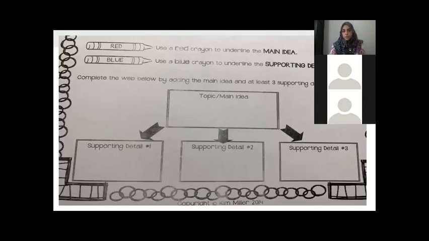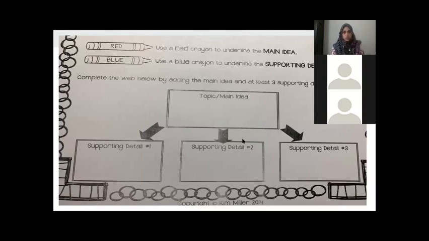So this is the web I was talking about that we will fill out. I also have it drawn out here. Once you've highlighted your key details and your main idea, you can simply write them down in this web, in this chart, and it creates a really nice outline for you to follow when we have to summarize the text, when we have to put this text in our own words or basically shorten it.